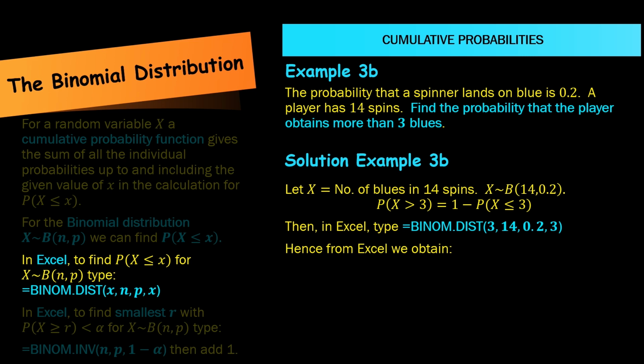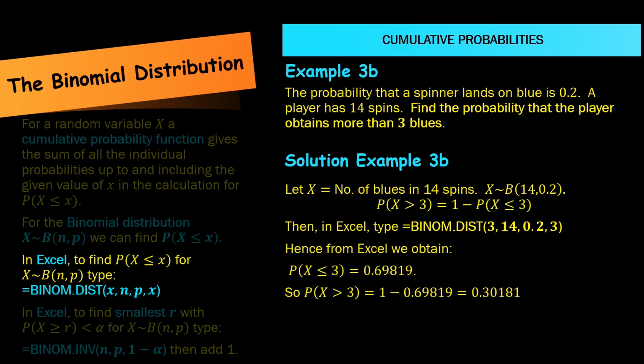And so from Excel we obtain that the probability of x less than or equal to 3 is equal to 0.69819. And therefore we have that the probability of x greater than 3 equals 1 minus 0.69819, and this equals 0.30181.